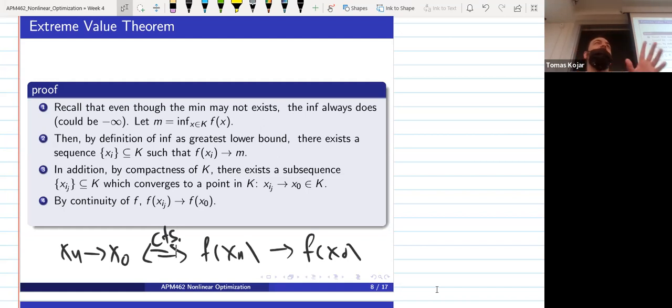Oh no, wait. You have 337. I will come back to you at the end. Anybody else? What do you think? Do you know about the proof? Yeah, we're trying to prove that f of x naught is equal to m. So you obtain the infimum.